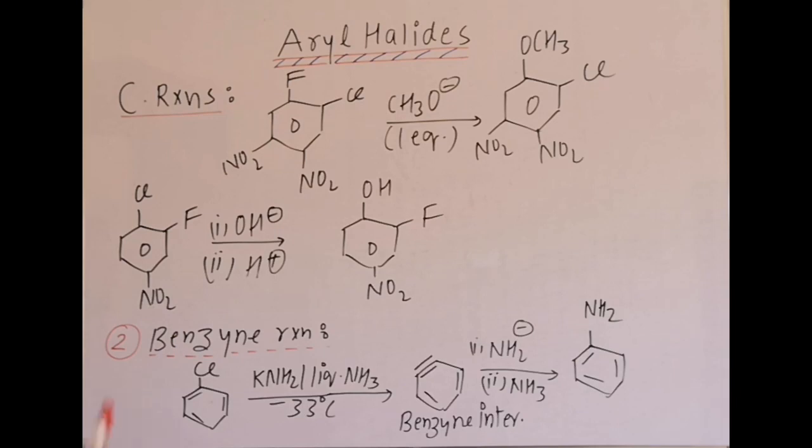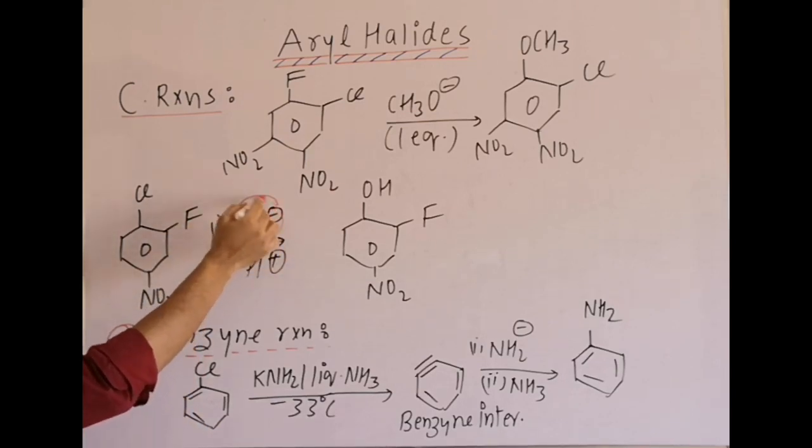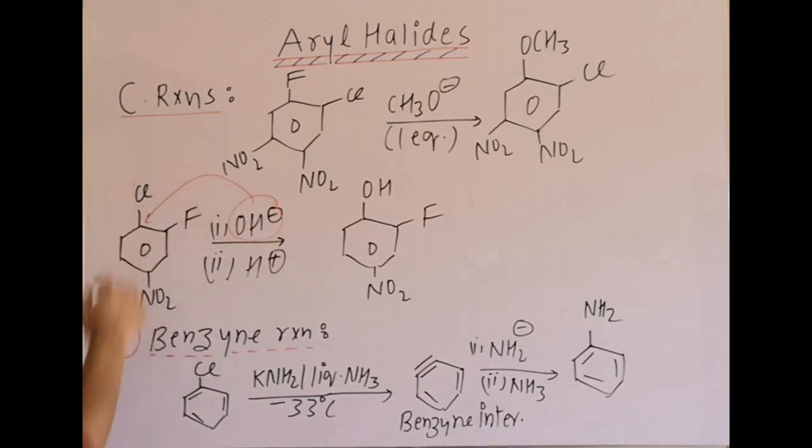So here the carbon which is exactly para to NO2 will get the -M and -I effect, whereas the carbon where fluorine is attached gets only the -I effect. So the nucleophile will attack faster at the position where chlorine is present, because there we get the -M effect of NO2.